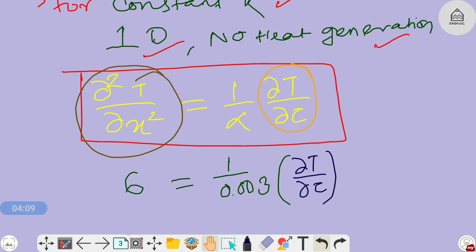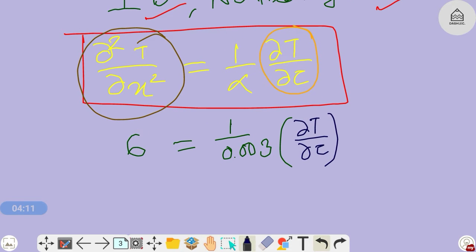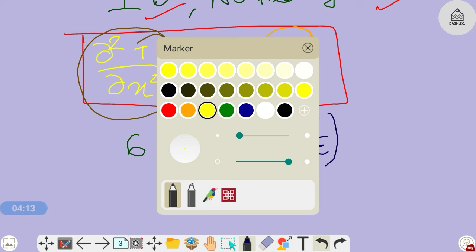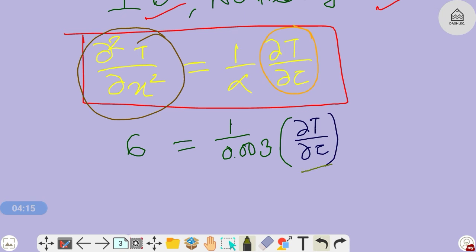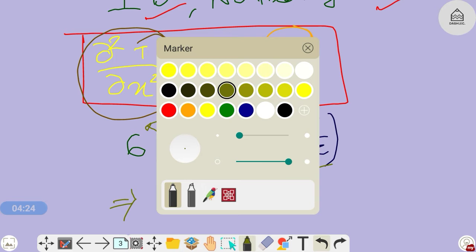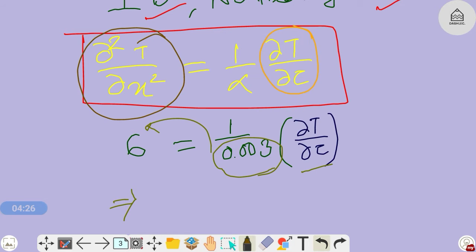So keeping del T by del tau on this side and giving this term to the left hand side, del T by del tau will be equal to 0.018.